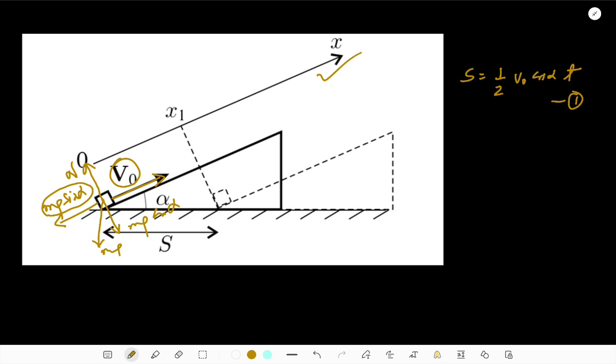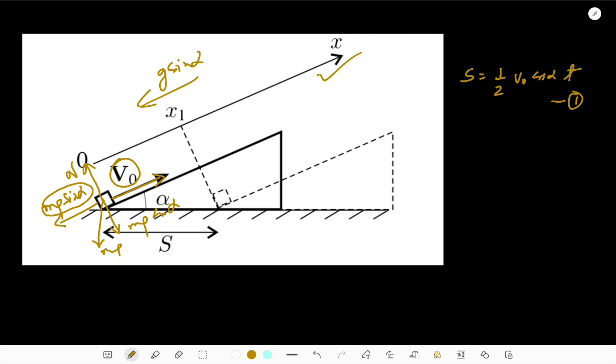Of course it is along the negative x-axis, but this mg sin alpha will always act in this direction, and this will be the only force always in that direction. So I got the initial velocity, I got the acceleration, that is g sin alpha in this direction, and initial velocity v0 in this direction, and this g sin alpha can be forever.